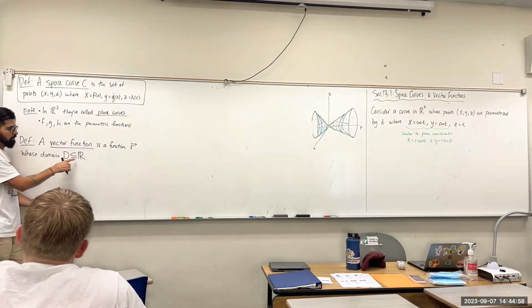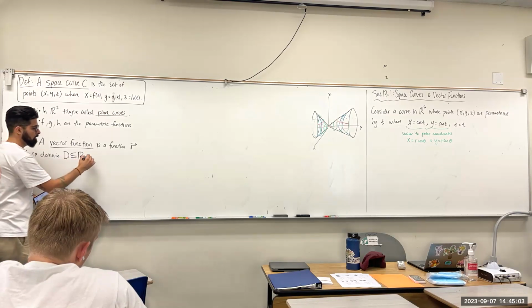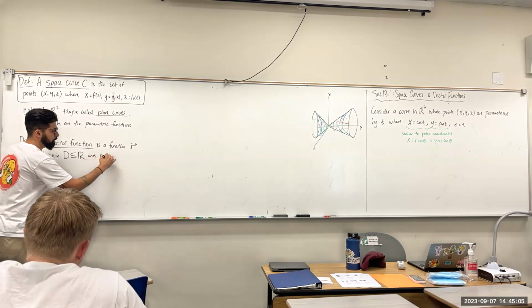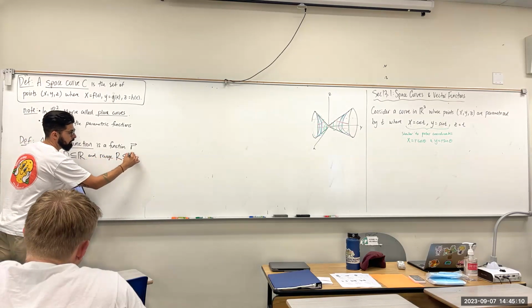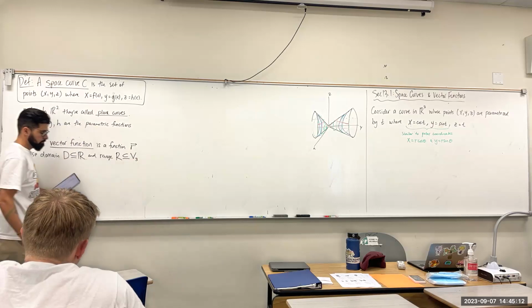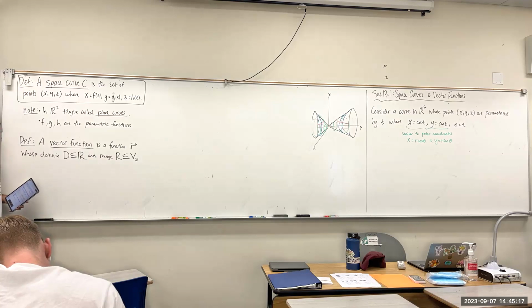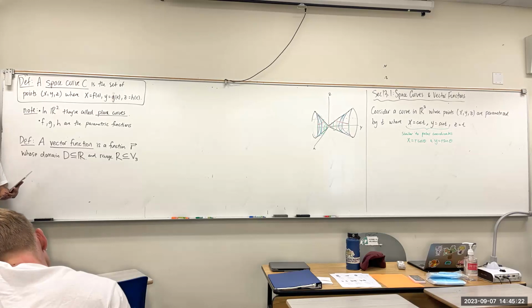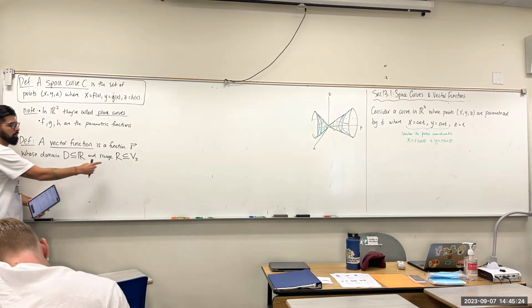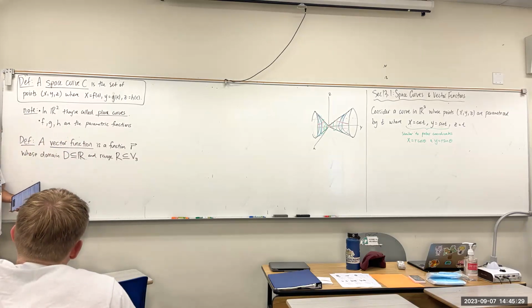That's what the subset notation means. And its range R is a subset of three-dimensional vectors. Remember in the notes when we were talking about vectors, Vn represented the set of n-dimensional vectors. So this is V3. And this is just saying the range of this function outputs some type of three-dimensional vectors, not all of them, but some of them.